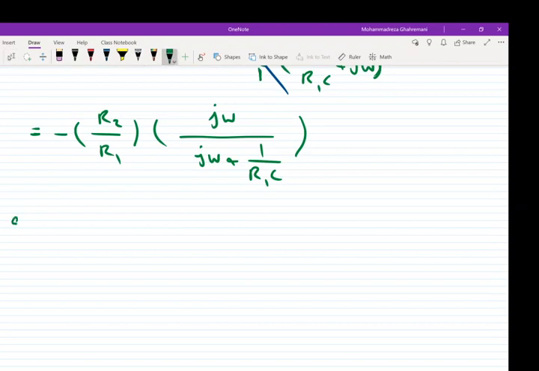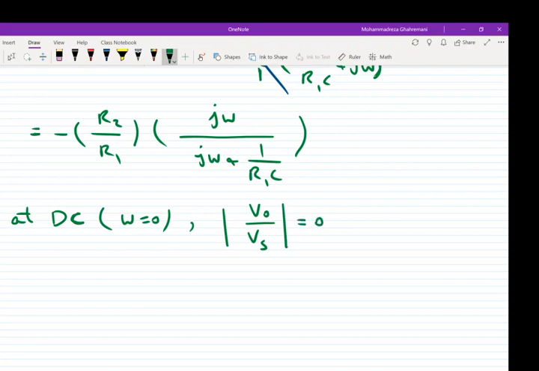Now we can say at DC frequency, or omega equal to 0, the magnitude of Vo over Vs is equal to 0. Why? Because the numerator is equal to 0, and 0 times any other value becomes 0.